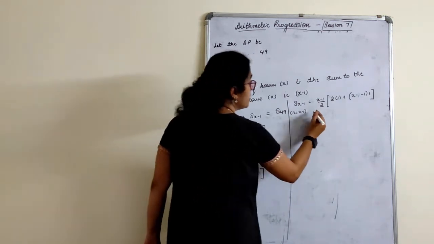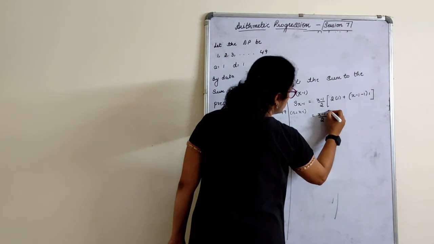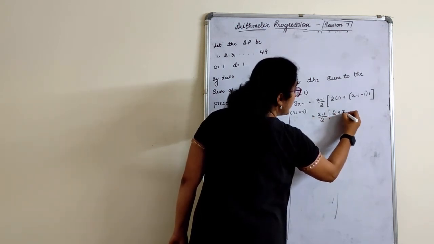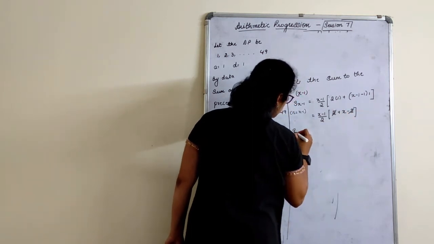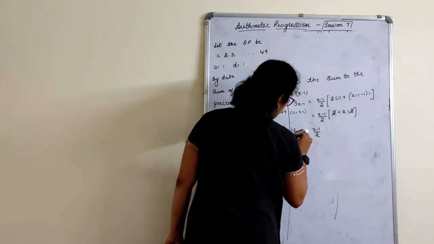Okay. That is x minus 1 by 2 of 2 plus x minus 2. Cancel. S of x minus 1 is equal to x minus 1 by 2.